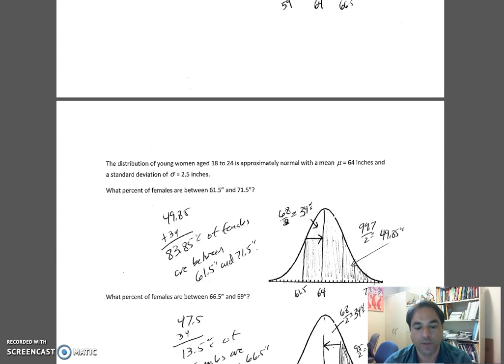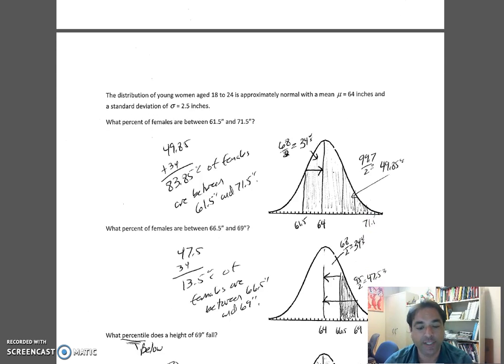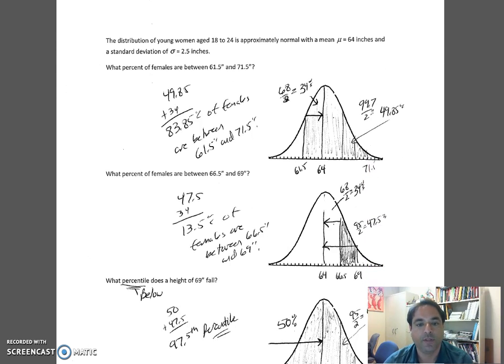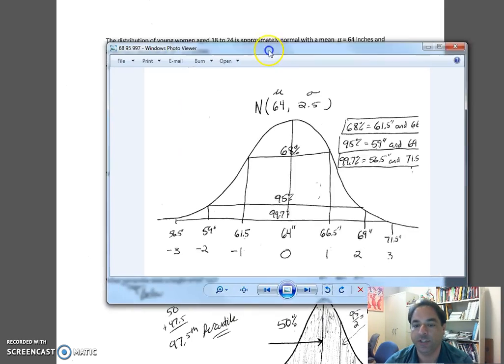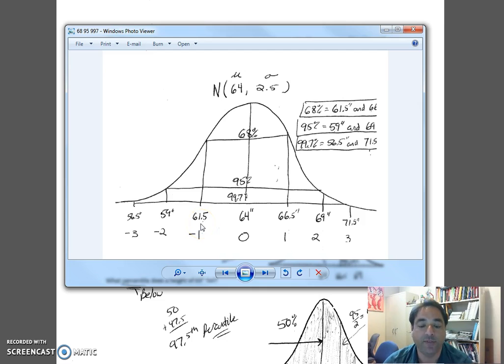So we'll look at a couple more examples. Again, these are the trickier ones. So again, 61.5 and 71.5, going to the chart. 61.5 is 1 standard deviation to the left. 71.5 is 3 standard deviations to the right. Looking for everything in between.